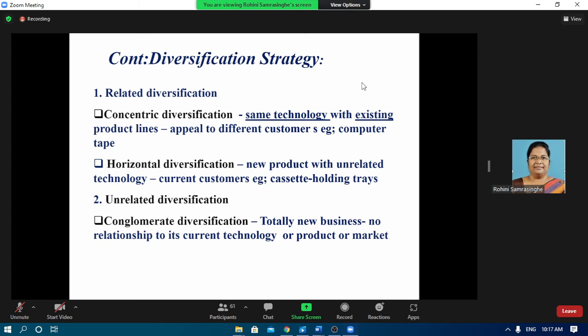Even most of the time, if they use horizontal diversification with a new product with unrelated technology, that will go through brand extensions. So that is a good example. Brand comes with brand extension.